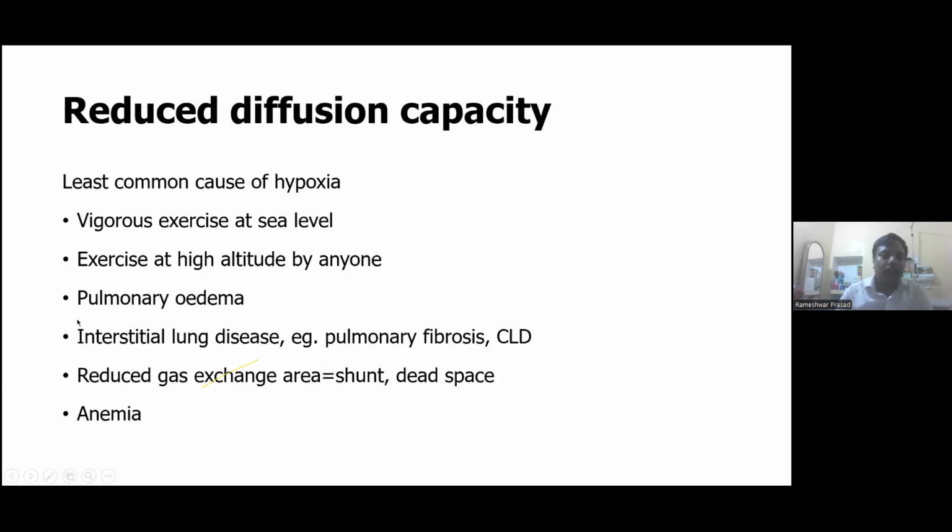Third thing is pulmonary edema, where interstitial fluid is accumulated and diffusion of oxygen will not take place. Fourth example is pulmonary fibrosis, or in newborn bronchopulmonary dysplasia, where most of the lung is fibrous. Other causes may be, as I have told you, shunt and dead space, that is ventilation perfusion mismatch, and anemia.